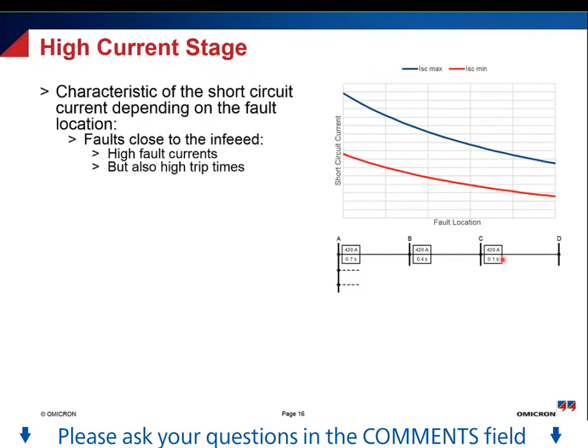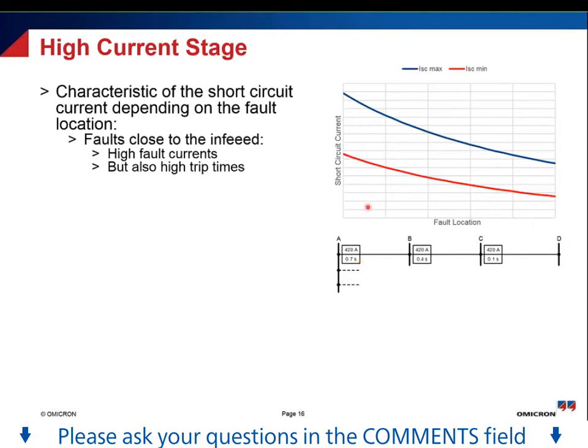If we look at the short circuit currents, we see that they get bigger and bigger the closer we get to our in-feed or bus bar A. The real short circuit current is somewhere between the minimum and the maximum short circuit current in this curve.